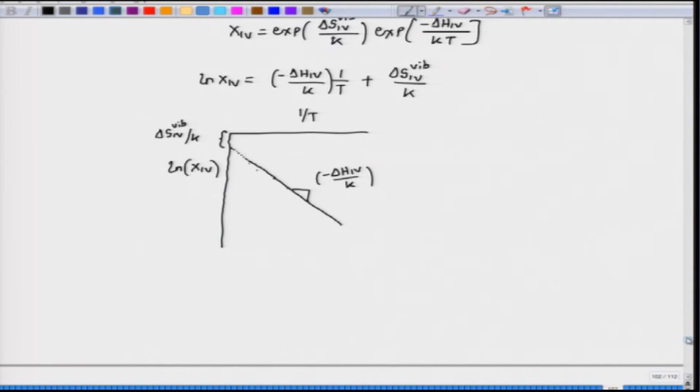There is one more point to be noted here. When we do these measurements, we are talking about monovacancies, but it should be noted that these measurements do not separate the monovacancies or divacancies or other higher clusters of vacancies. It just measures the vacancy concentration. But typically we can take it as monovacancies because the divacancy concentration will be much lesser.